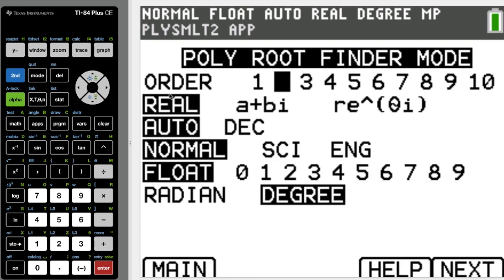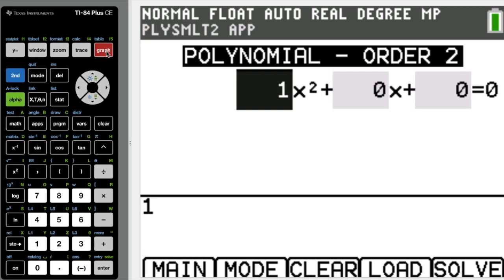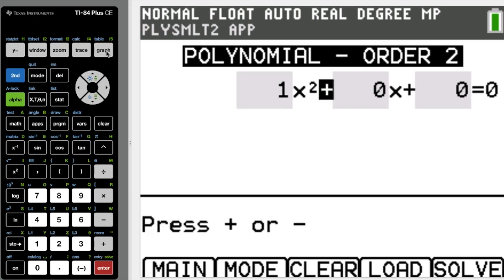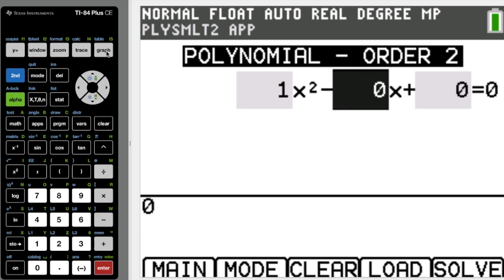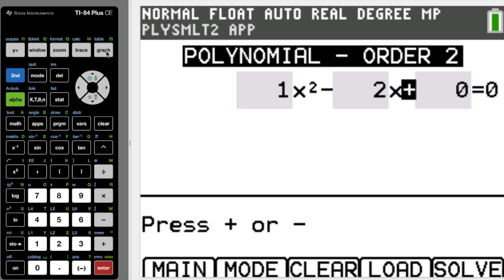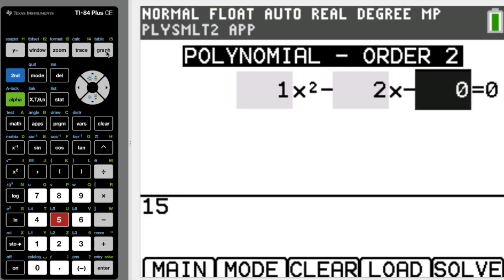We need to click on Next here, which is our F5 key. And I'm just going to put in something simple. So here's 1, minus 2x, minus 15, something like this. And then what I want to do is to solve this one.